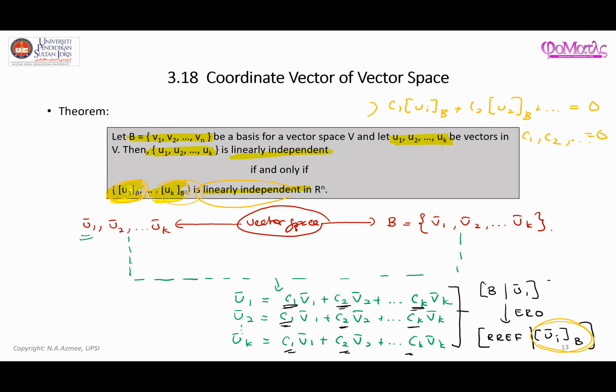If the coordinate vectors are linearly independent, we can say that these vectors are also linearly independent. So it implies, this is a one-way street. Check this one, is it linearly independent? If it is, then these vectors here are also linearly independent.